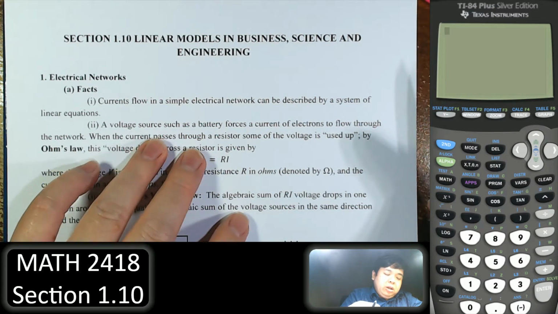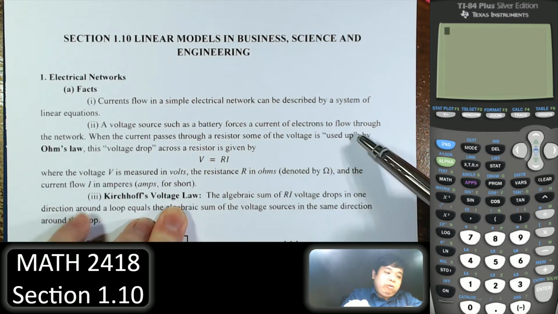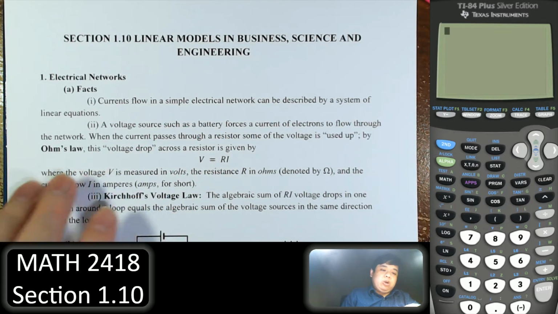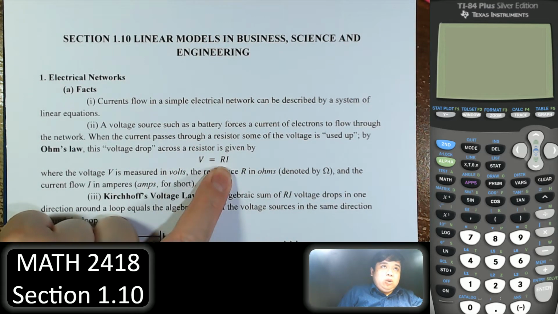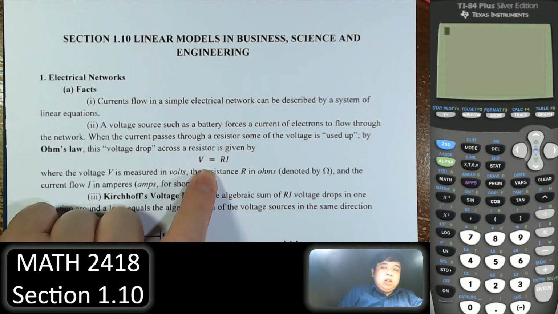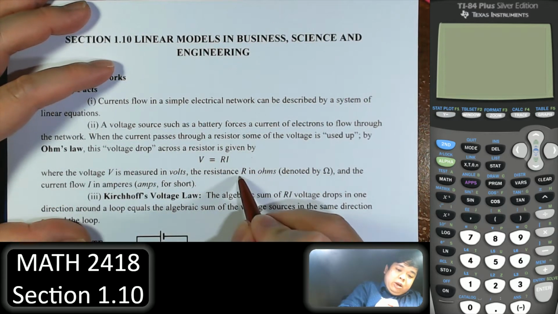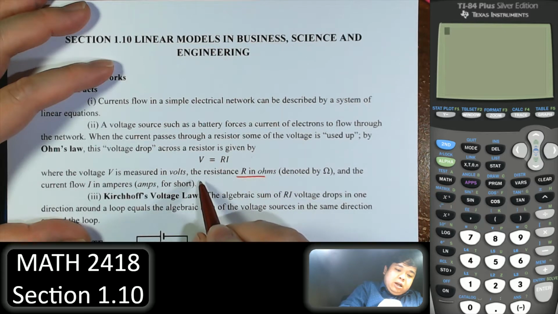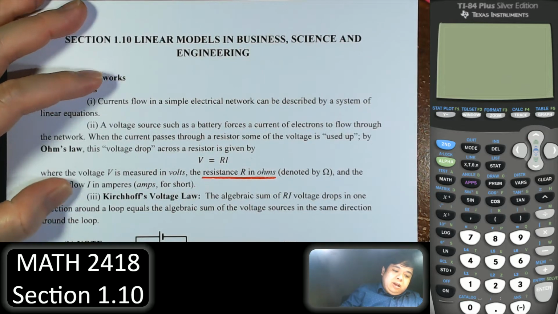A voltage source such as a battery forces current, an electron flow, through a network, and there is Ohm's law. Ohm's law says that the voltage equals R times I. R is called the resistance, and the unit is ohms.